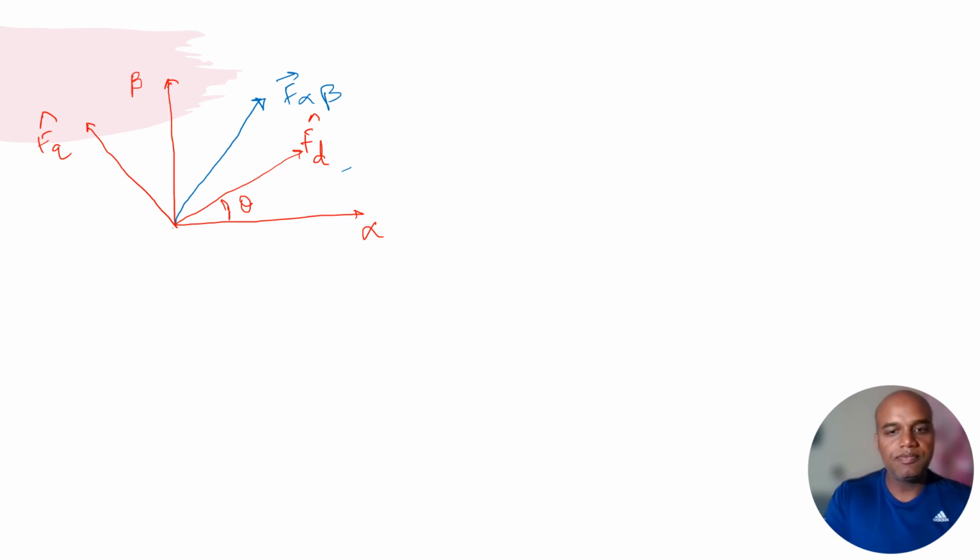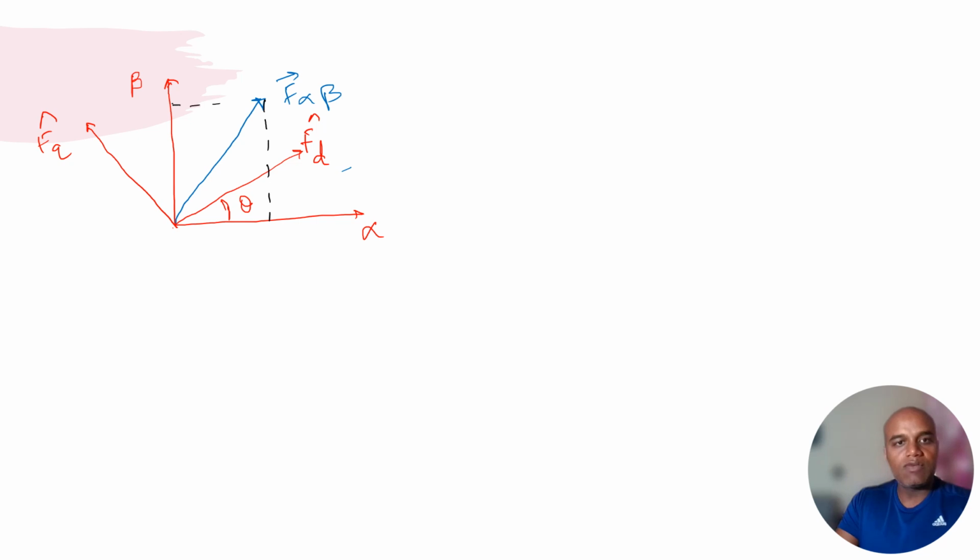So from here, let's find out the values of fd and fq in terms of alpha beta. First, this vector will have a projection over my alpha axis, and similarly over my beta axis.